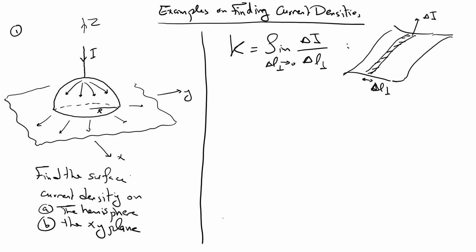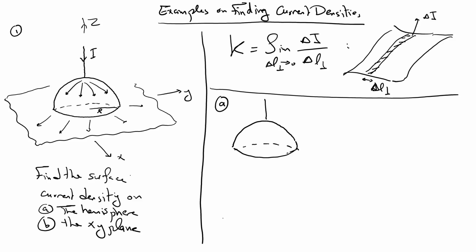Okay, so let's see how we can apply these concepts by starting this problem. Part A of this problem is to find the current density on the surface of this hemisphere. So this is what we have.